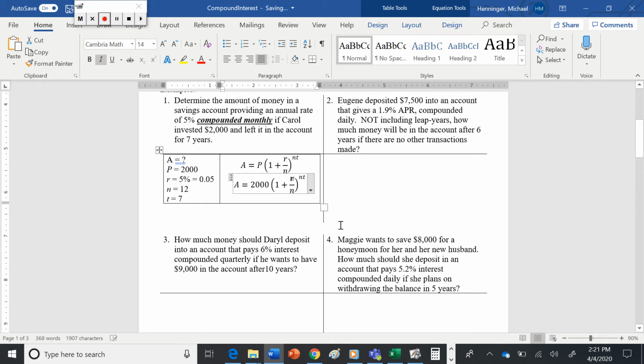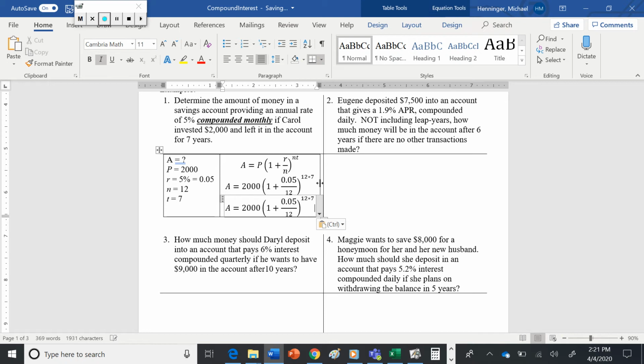The interest rate, R, is 0.05. N is 12, and it's still 12 up here. And I'm going to multiply that by years, T, which is 7. I'm going to copy and paste again, and simplify some of this a little bit.